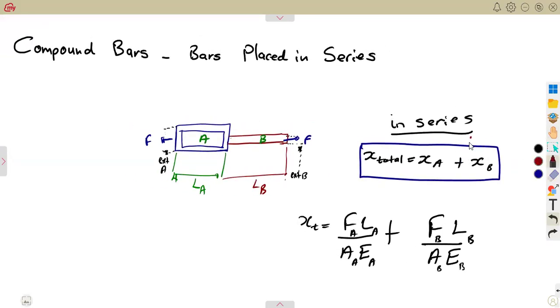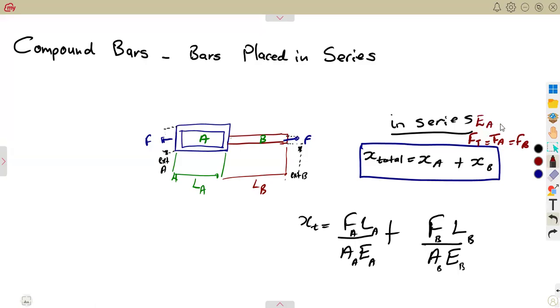Noting that we are in a series where the force is actually the same, you can conclude here that since in series the force is the same, as you are considering your total force, you take the force at A, or you can take the force at B, it is the same. And the Young's modulus is also the same.